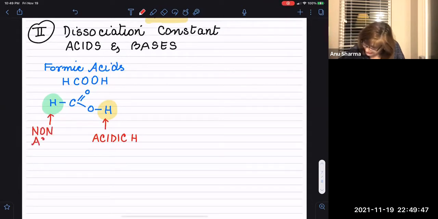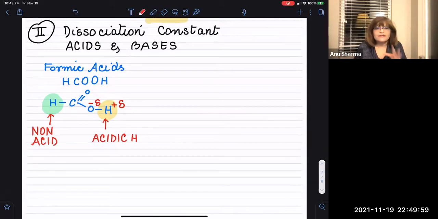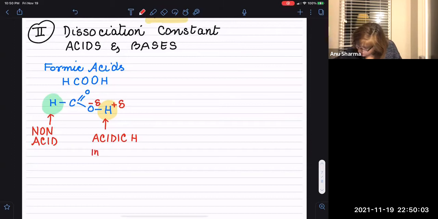The one that is acidic is attached to the oxygen, and it's a polar bond. You can see that this hydrogen will have a delta positive and oxygen a delta negative, whereas the other one is covalently bonded to carbon. So acidic hydrogen is always in polar bonds, and polar bonds are the OH bonds, always.